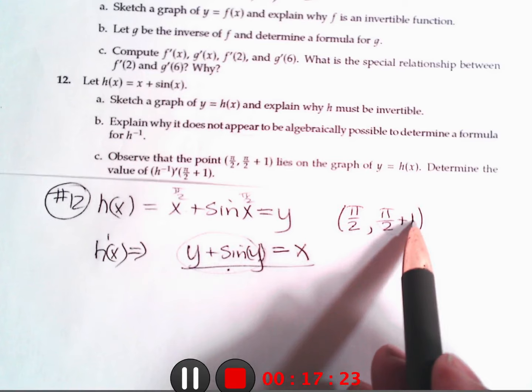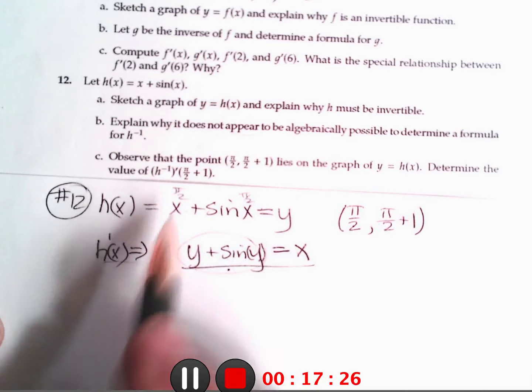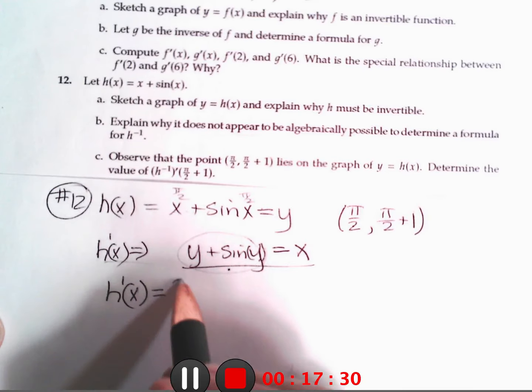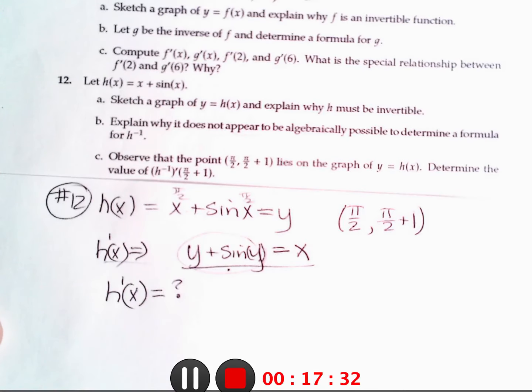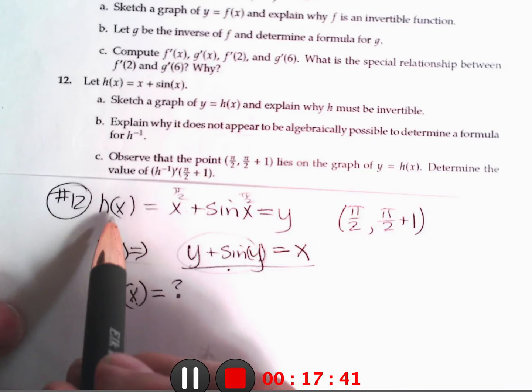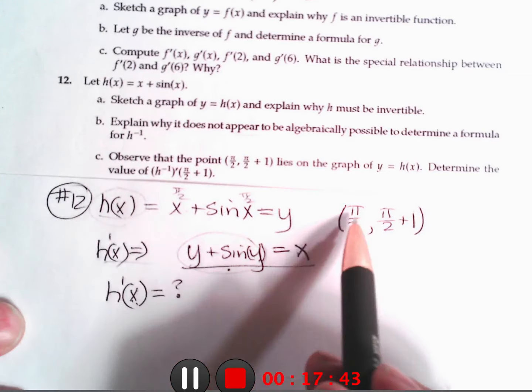So even though we can't figure out the inverse's derivative as an equation, we do have a way of getting its slope, because we know it's the reciprocal of the slope of h at pi over 2.